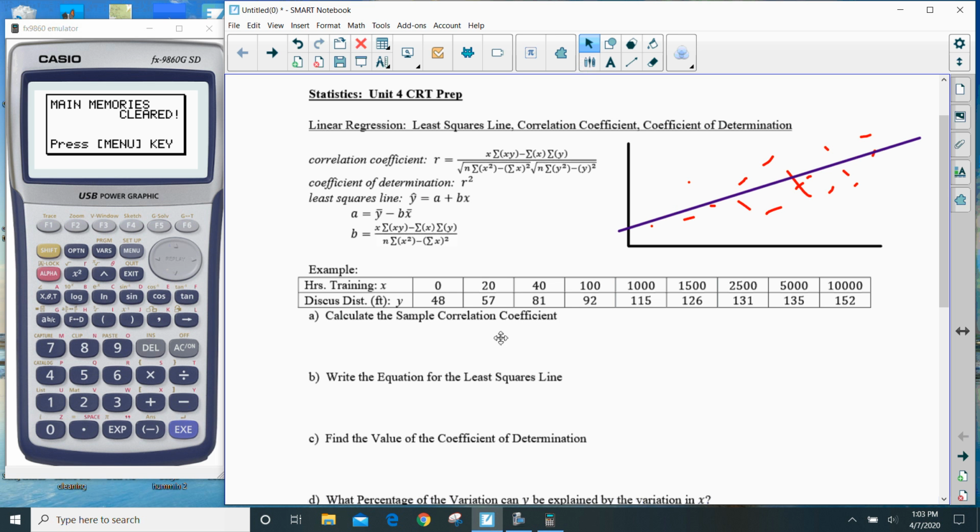The first question is, what is the sample correlation coefficient? That question is asking, how good is this line? Even though it's perfect, how good is it? I see that these dots stray from this line a bit, so it may not be absolutely perfect, as in all of the dots exactly on this line. This is on a scale of 0 to 1, 0 being awful, 1 being absolutely perfect, like all of the dots are on the line.